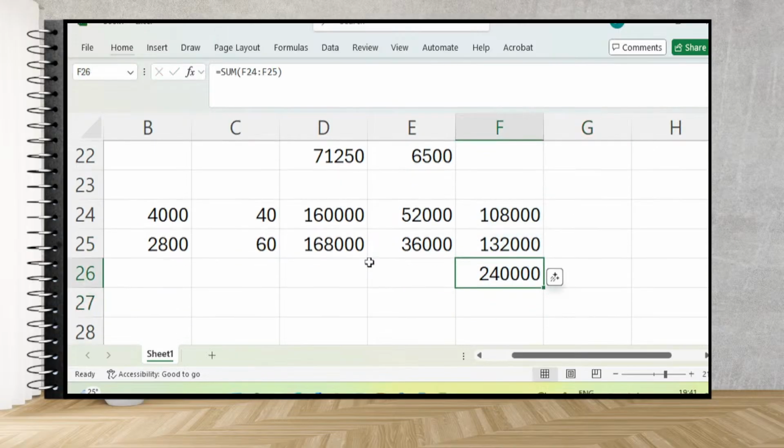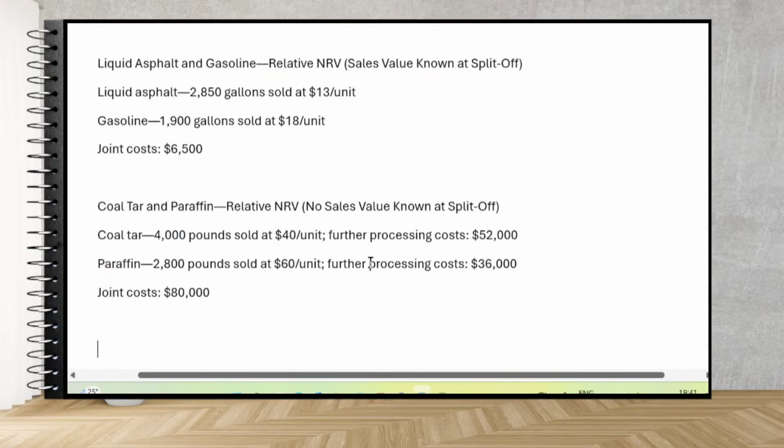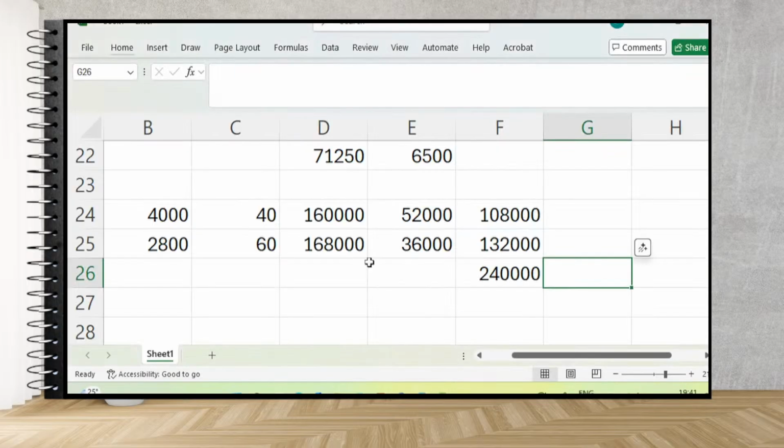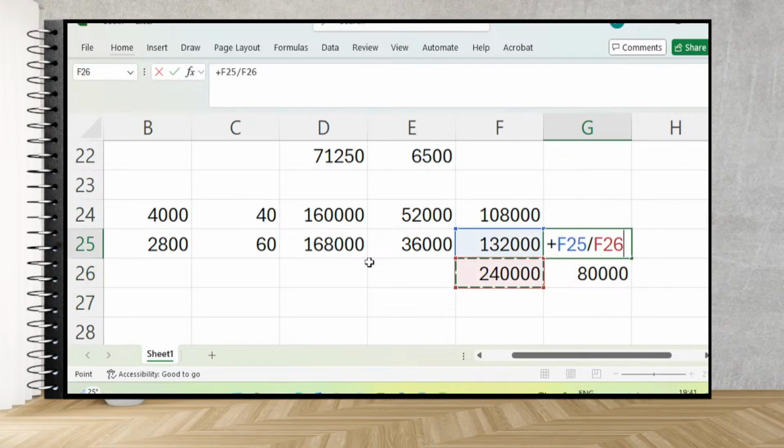So this is my 240,000, and what is my joint cost? 80,000. So again, this divided by this multiplied by this, 44,000, and this divided by this multiplied by this, it is 36,000. So this way I can calculate the joint cost value.